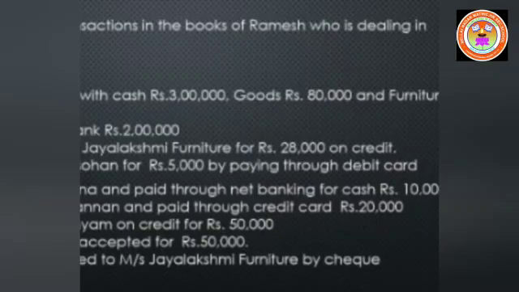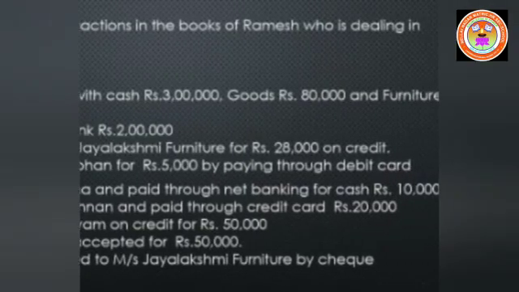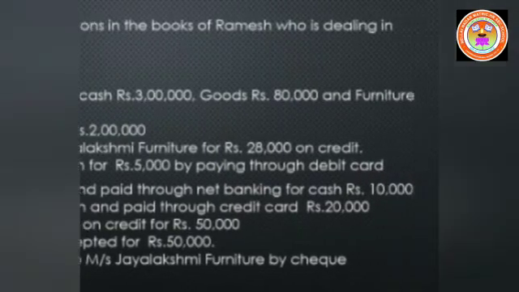While using net banking also, your banker will give money for that. They will debit the money from your bank account. On behalf of you, they will pay the supplier or do the expenses. So he paid through net banking for rupees 10,000.